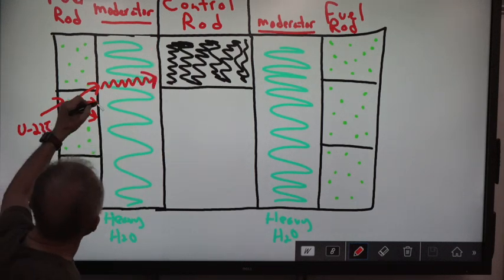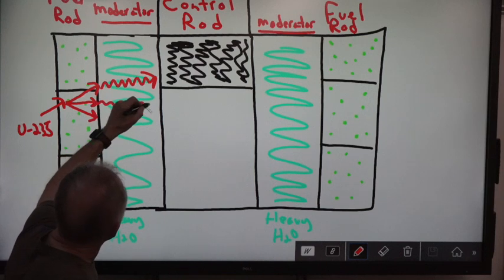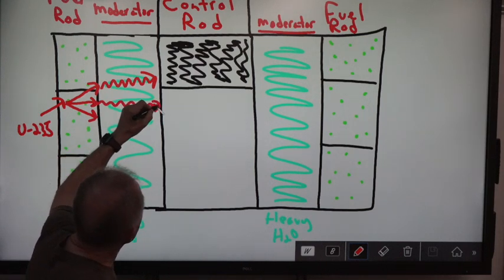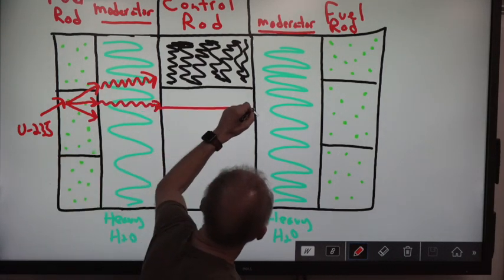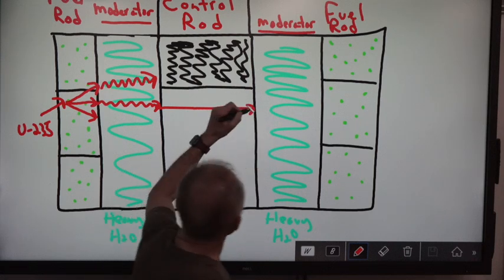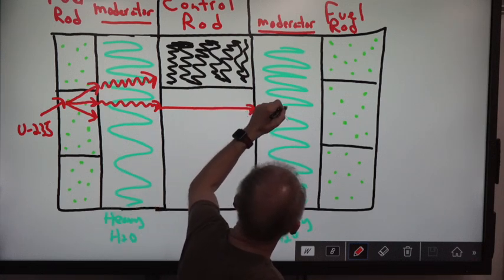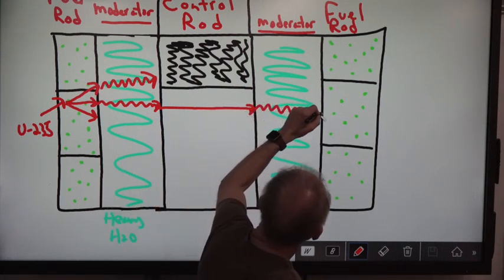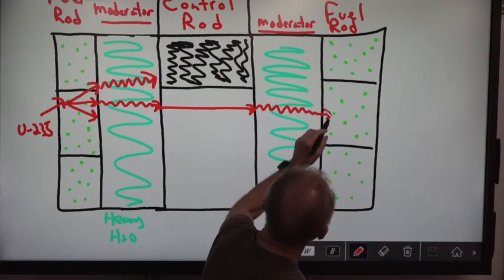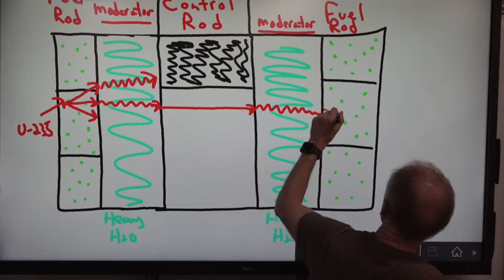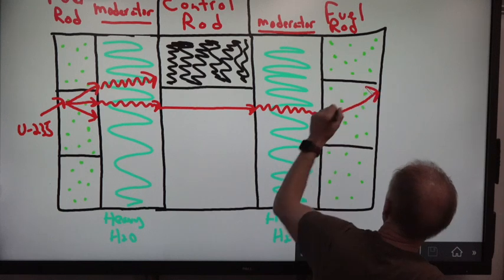Now this one slows down, and then it speeds right through, because there's no control rod there. It slows down again, and then it hits that uranium-235 right there, and 3 more neutrons come out.